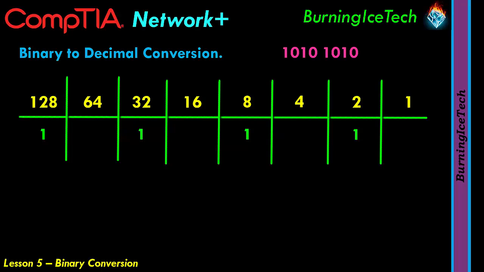So what we need to do now, guys, is we are going to go and add these decimal numbers on the table, only the ones that's got a 1 underneath it. A 1 is considered on, and a 0 is considered off. Now, you probably would have noticed that that binary number at the top right is actually just 1 octet, because remember, each octet consists of 8 bits, and there's 4 octets.